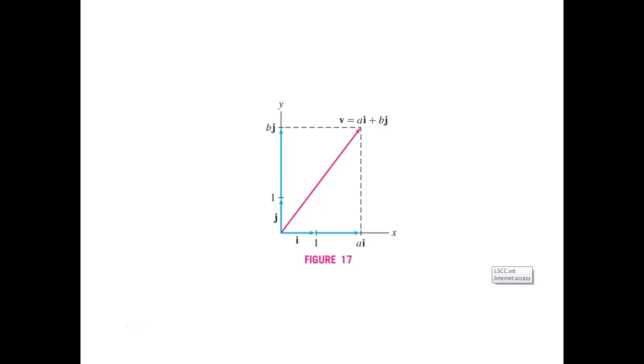So any vector v can be written as a, the component in the x direction, ai plus bj. So here is another way of writing a vector in component notation, but this is in unit vector notation. Now, this sort of shows how old I am.